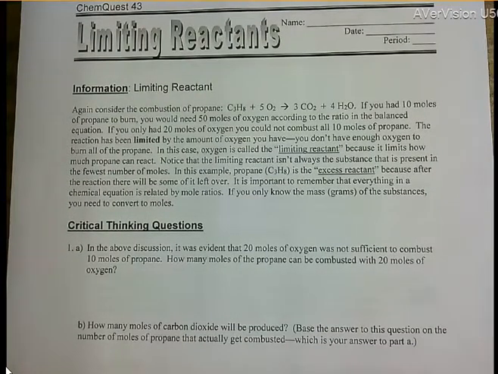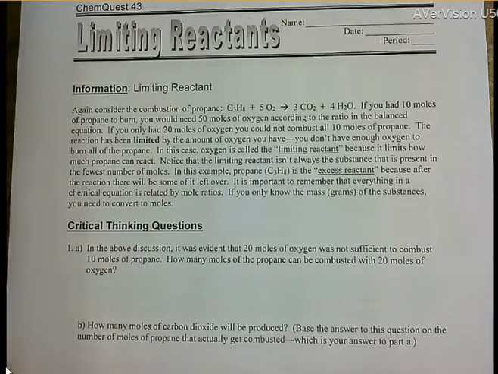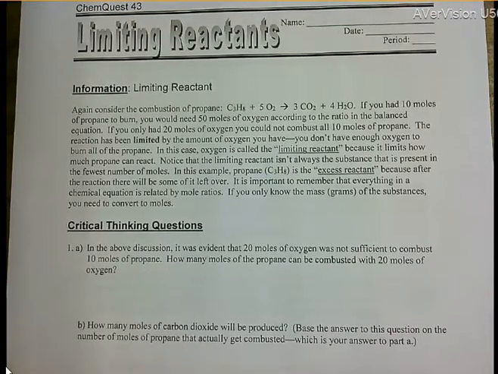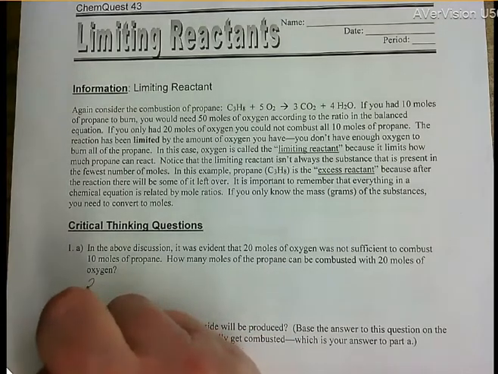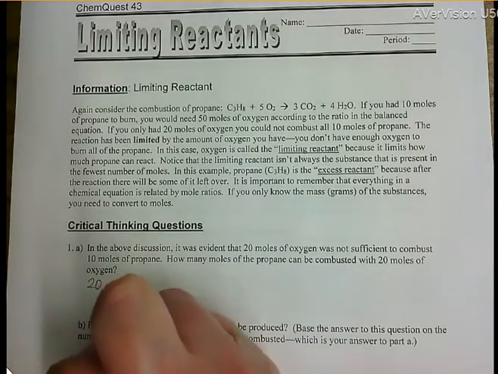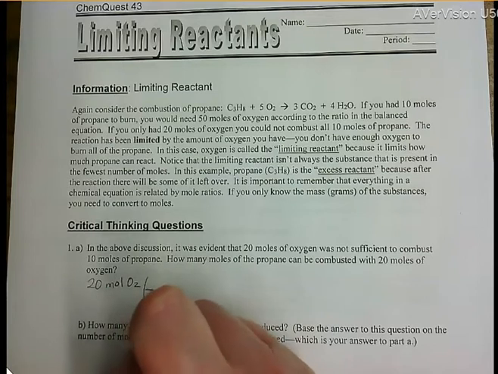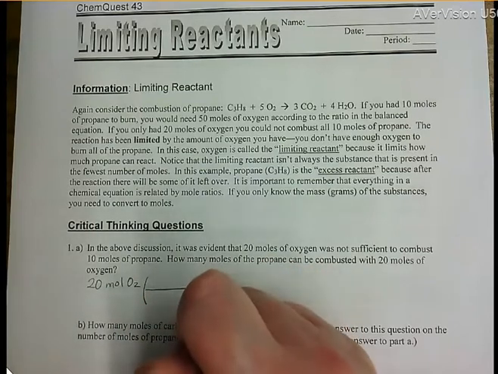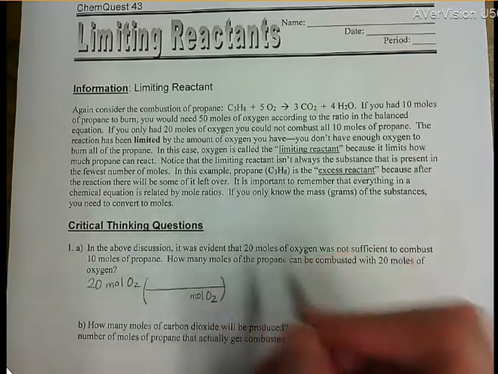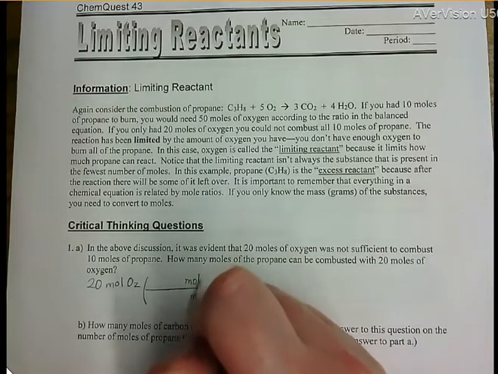In the above discussion, it was evident that 20 moles of oxygen was not sufficient to combust 10 moles of propane. How many moles of the propane can be combusted with 20 moles of oxygen? So if we have 20 moles of oxygen, moles of oxygen go on the bottom, and moles of propane go on the top.